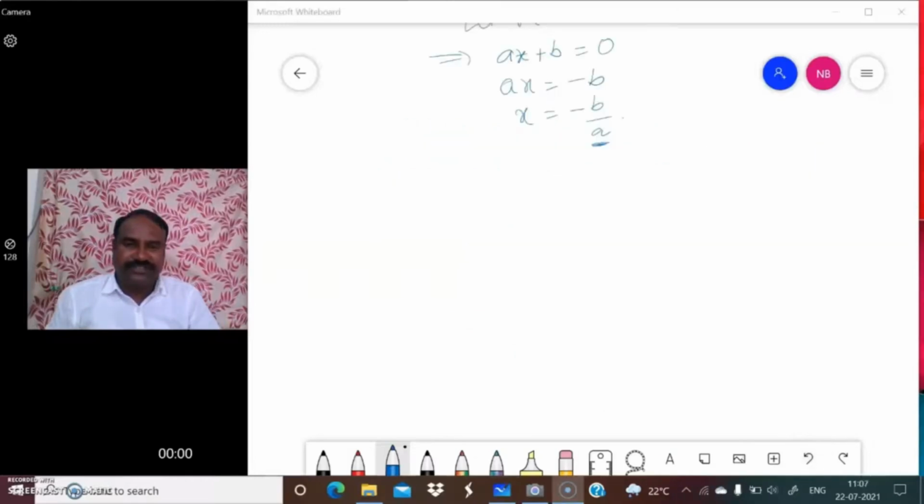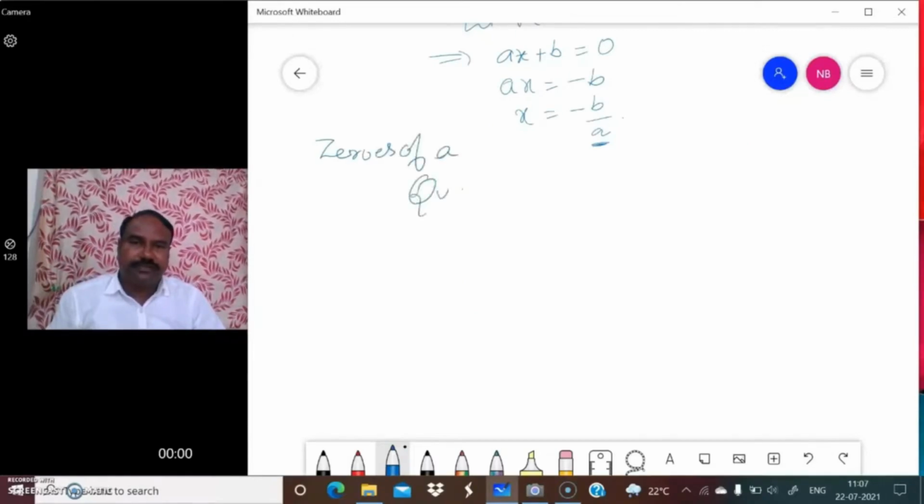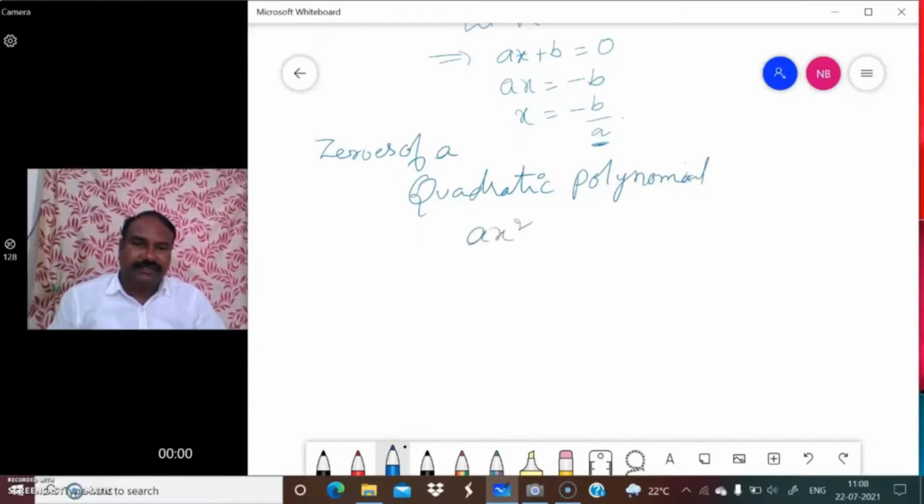Zeros of a quadratic polynomial. We know that the general form of a quadratic polynomial is ax square plus bx plus c. So here it is a quadratic polynomial. We will get two zeros for this quadratic polynomial.